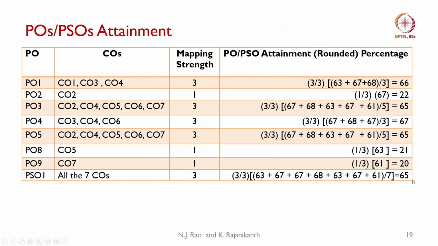I hope the method of computation has some quantification at certain levels, and it can be easily followed everywhere. You don't have to argue saying that no, I don't agree that you are addressing this particular PO significantly. Once you have explained your principle based on the number of lectures and the institute accepts it, there is certain uniformity across all programs and all courses.